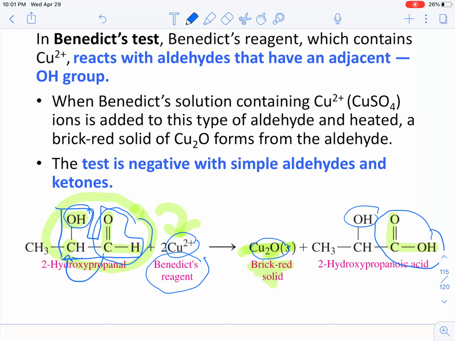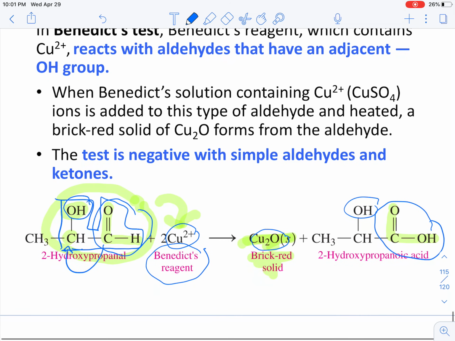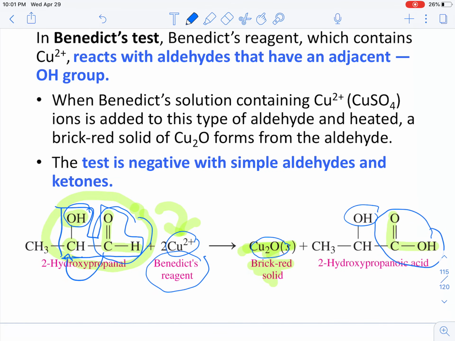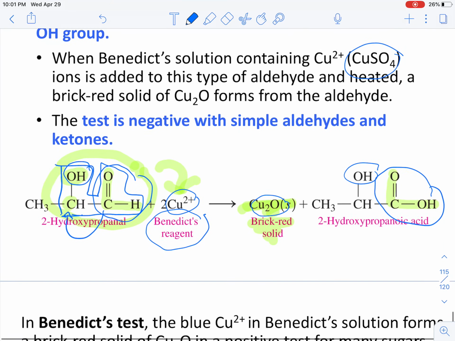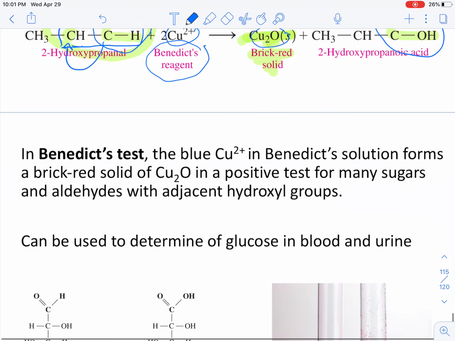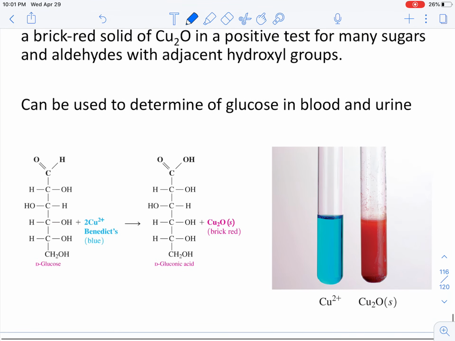The purpose of the hydroxyl group is supposed to act like an anchor to Benedict's reagent. So we're not going to talk about the exact mechanism, but I'm just going to throw it out there that the hydroxyl group is required. And so what does this look like?